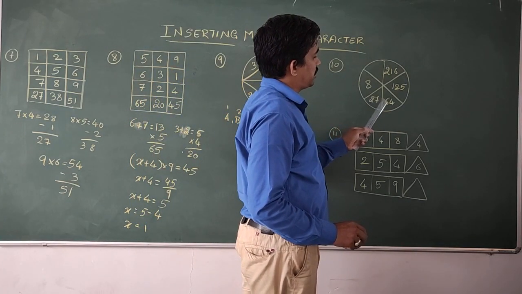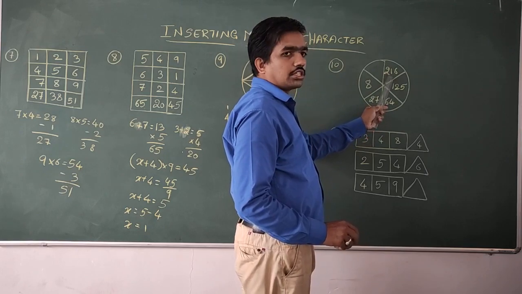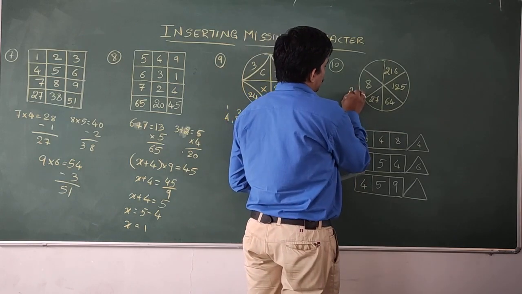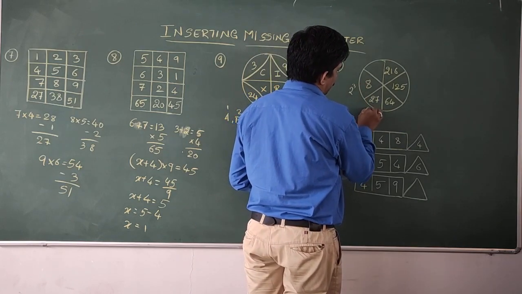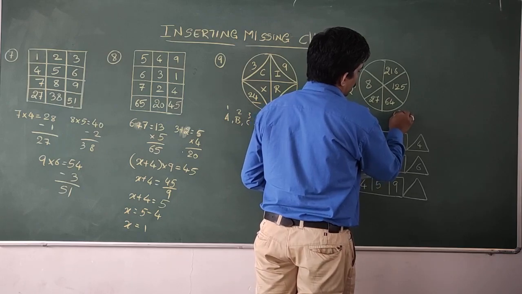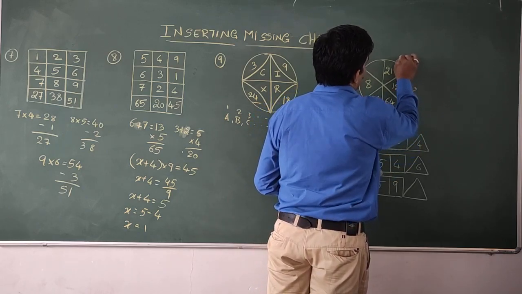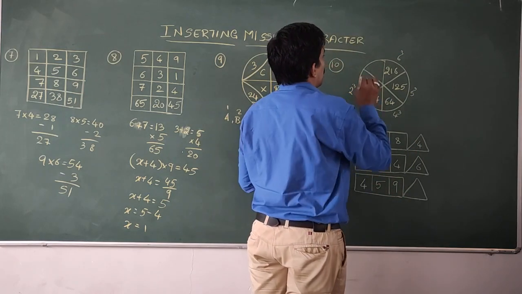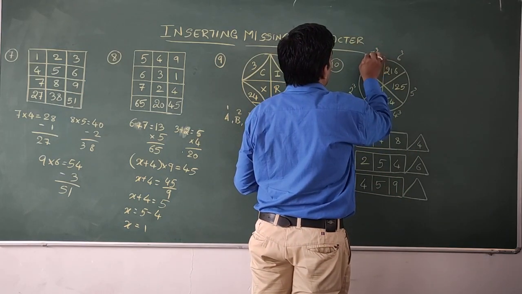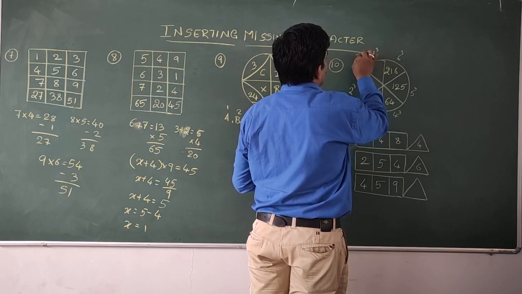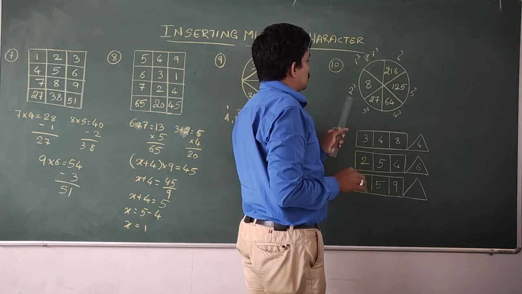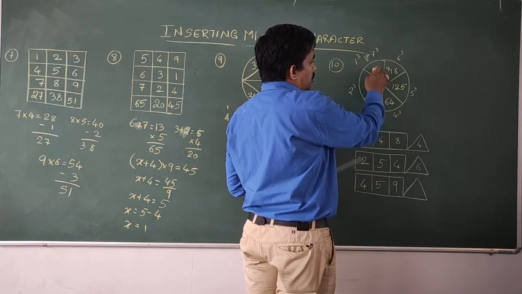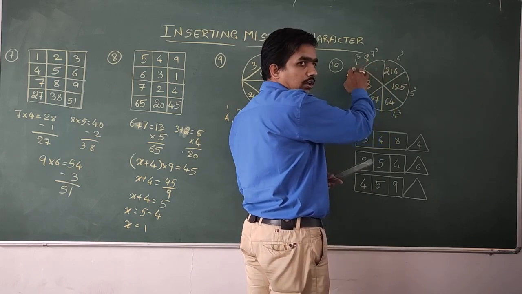And coming to our next question. See 8, 27, 64, 125, 216. So these all are cube numbers. It is 2 cube, 3 cube, 4 cube, 5 cube and 6 cube. So in this gap we will get 7 cube or 1 cube. If we take this box with this series, it will be 1 cube.